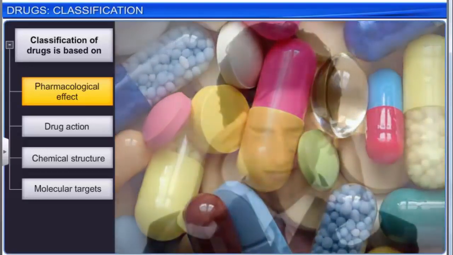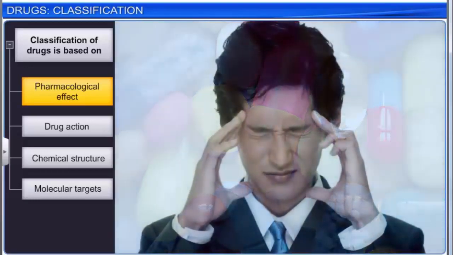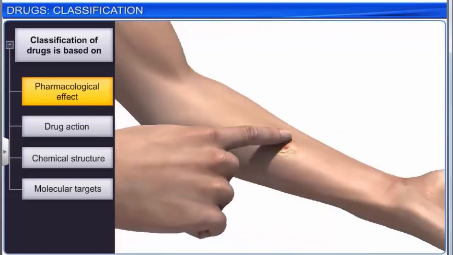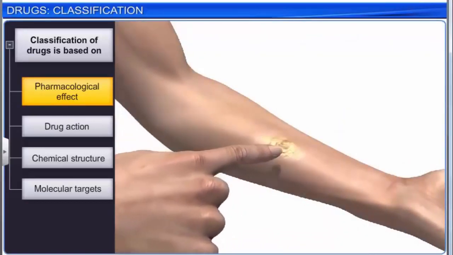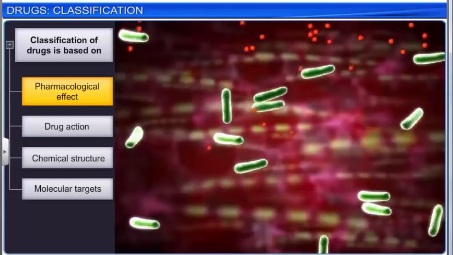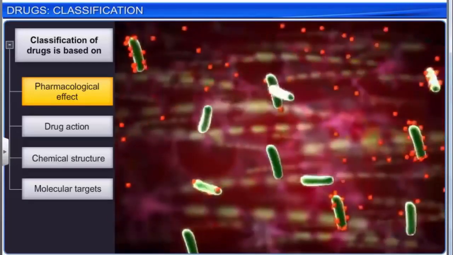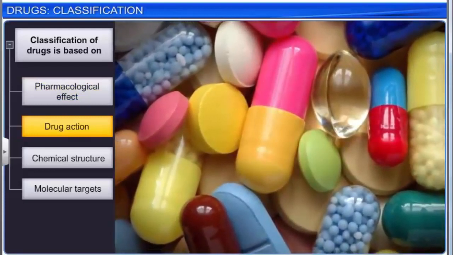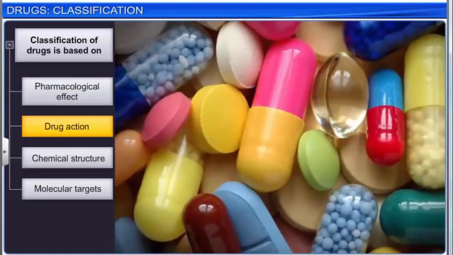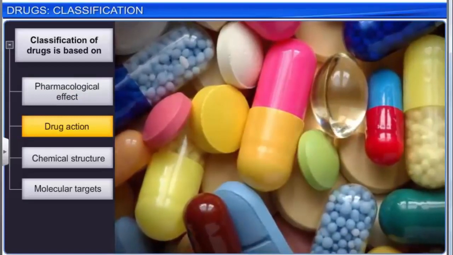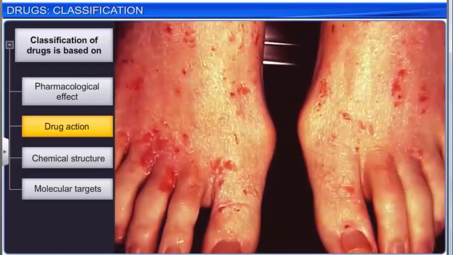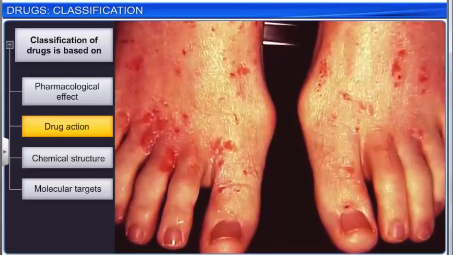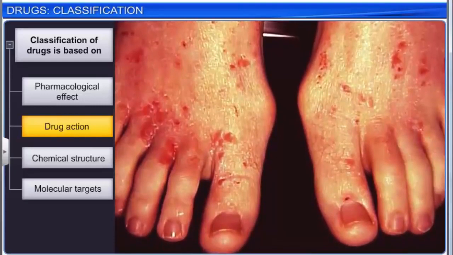For example, analgesics have a pain-killing effect, whereas antiseptics kill or arrest the growth of harmful microorganisms. Drugs can also be classified on the basis of their action on a particular biochemical process. For example, antihistamines inhibit the action of the inflammation-causing compound histamine.